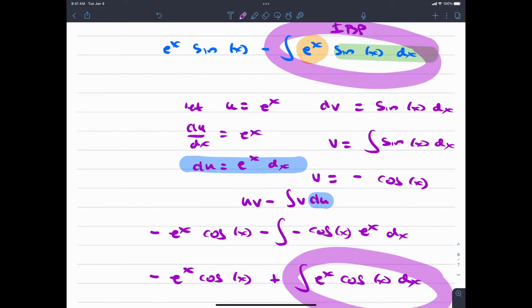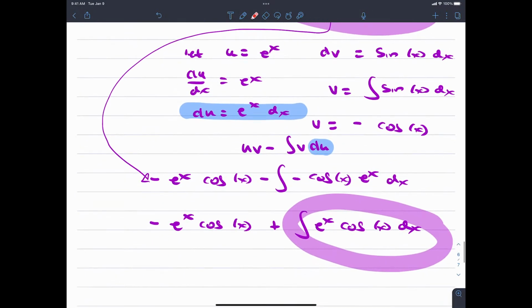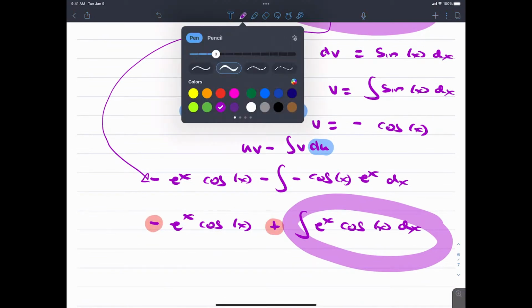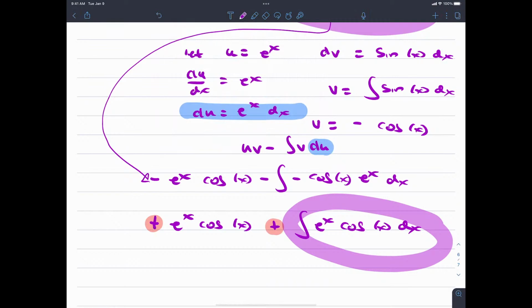This is what you guys are saying: there's a negative sign out here. Is that true? You okay with that? So don't forget to change that sign and change this sign. So this really is going to be now plus, and this is going to be minus, okay? And you don't have to put the plus, but it's there.